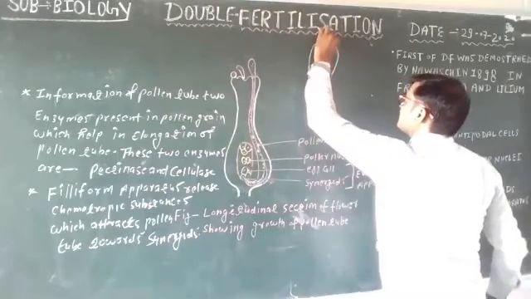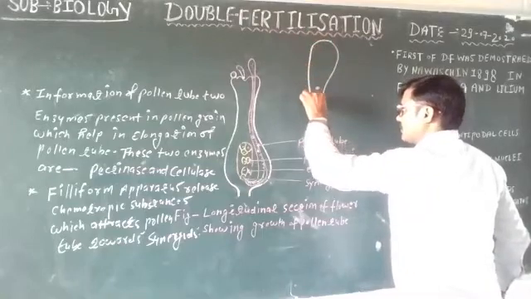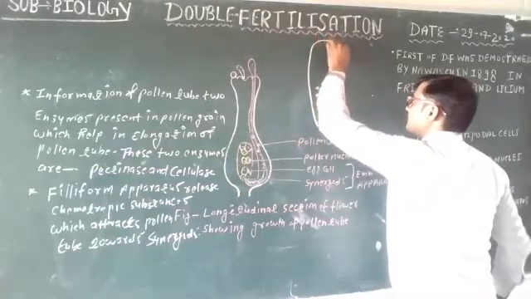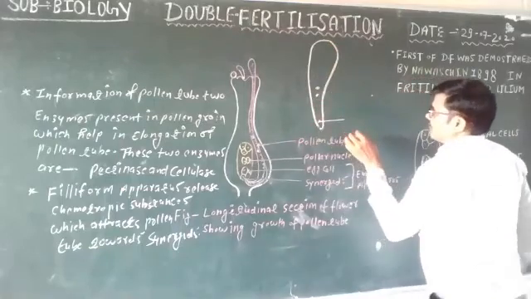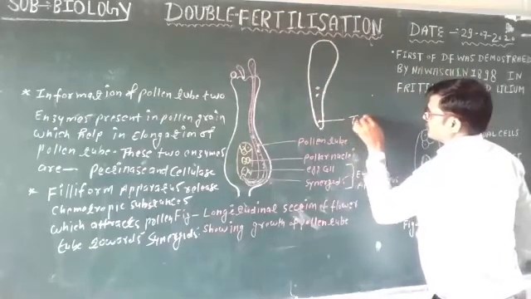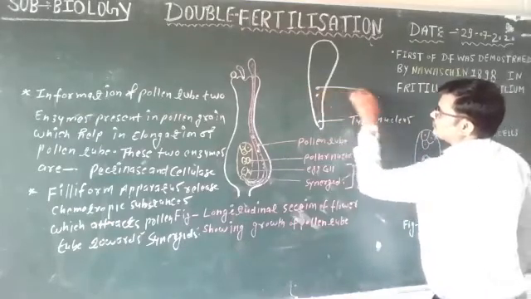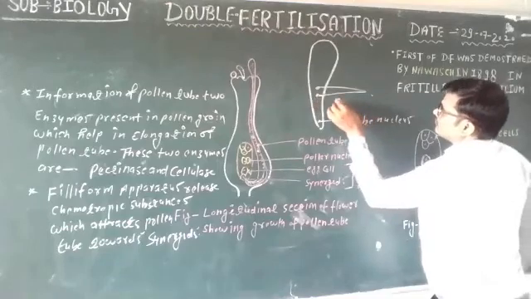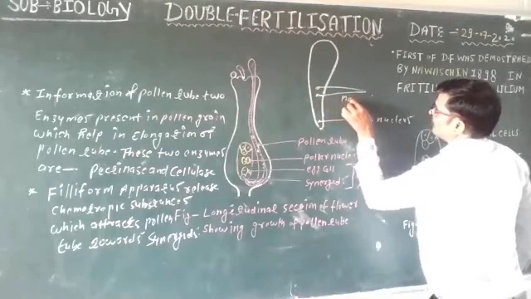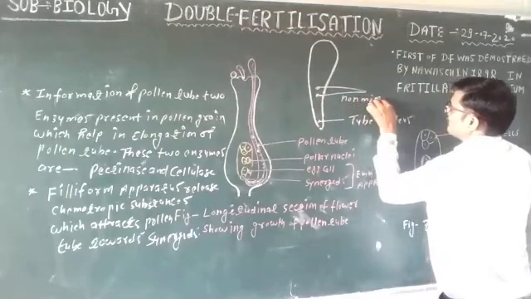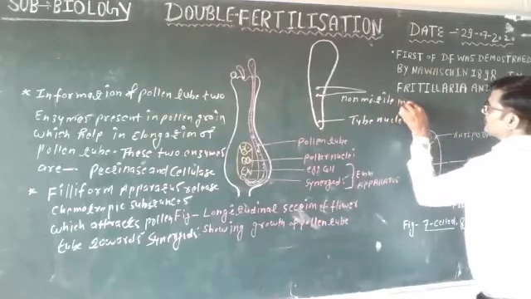This is the structure of the pollen grain, and formation of the pollen tube takes place. These are the pollen tube nucleus. This is the tube nucleus, and these two are the non-motile male gametes.